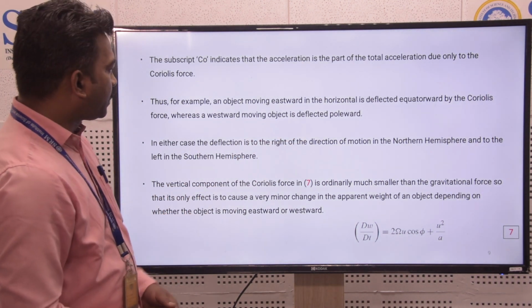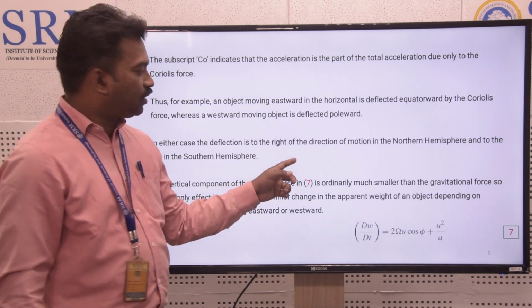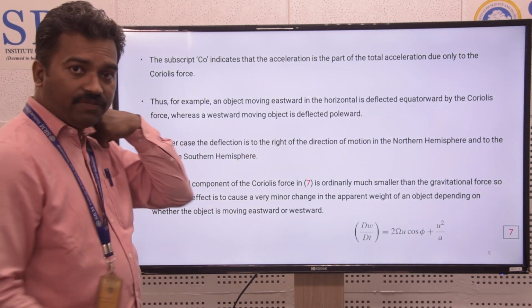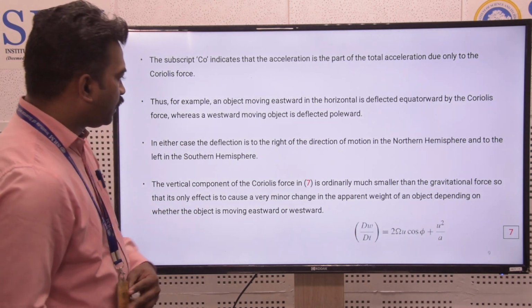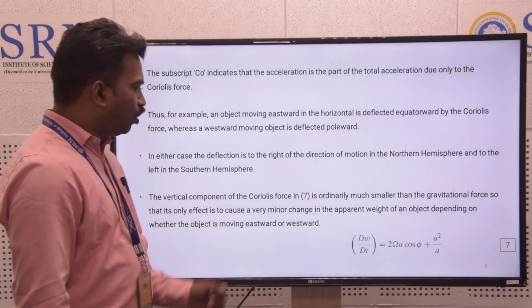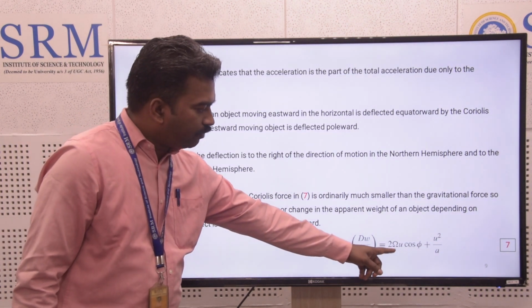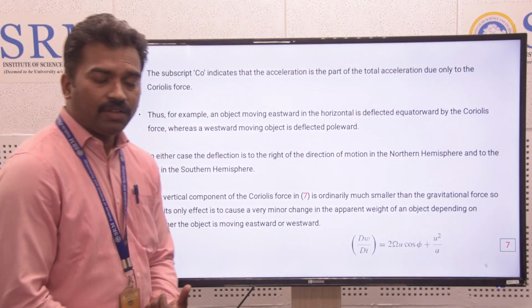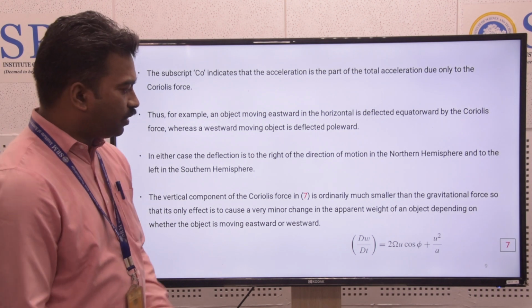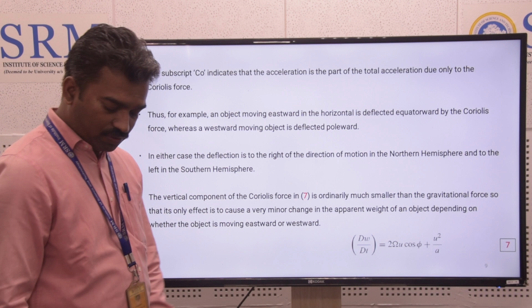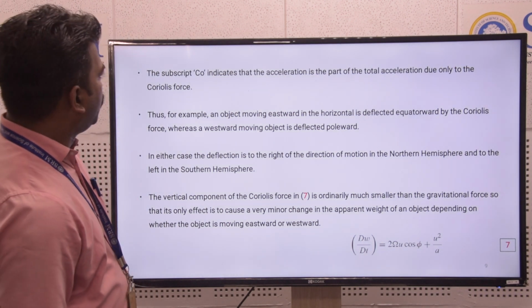So in either case, the deflection is to the right of the direction of motion in the northern hemisphere, and to the left in the southern hemisphere. Then we have the vertical component of the Coriolis force, given by dw by dt, which is equal to 2 omega u cos phi plus u square by a. That vertical component is very much smaller compared to the gravitational force, so we can neglect it.